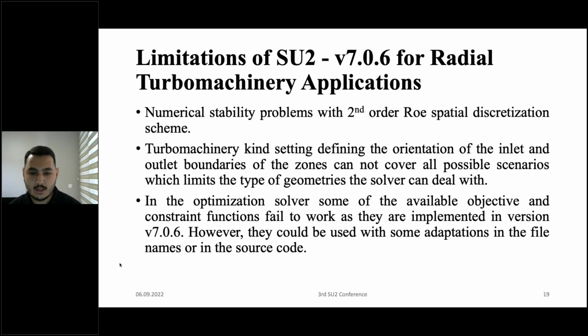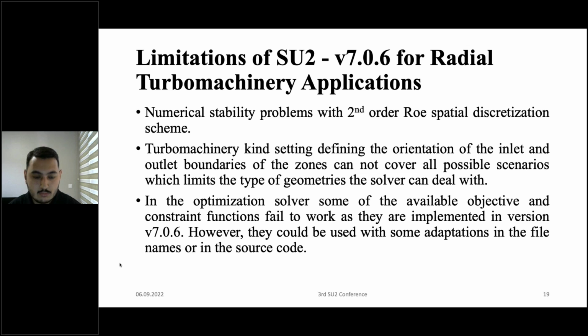For the limitations I have come across during this study: the numerical stability problem with the second order Roe spatial discretization scheme, where we would see unnatural values of temperature and density at the very corner of the trailing edge of the impeller blade, which would prevent us from being able to use the MUSCL option.